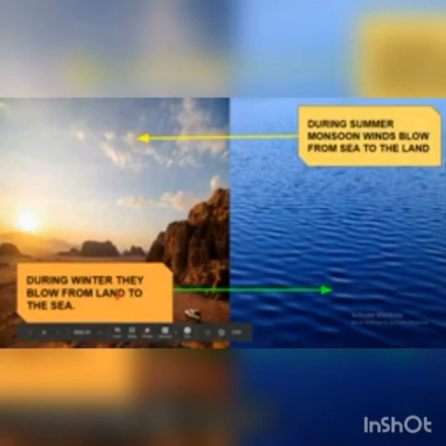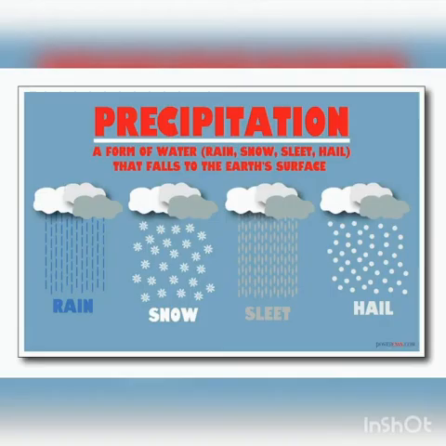Now what are monsoon winds? Monsoon winds are in fact sea and land breezes blowing on a large scale. Most of the precipitation, means rain in the form of hailstone, in the Indian subcontinent is the effect of monsoon winds.